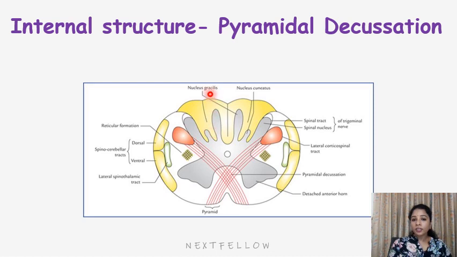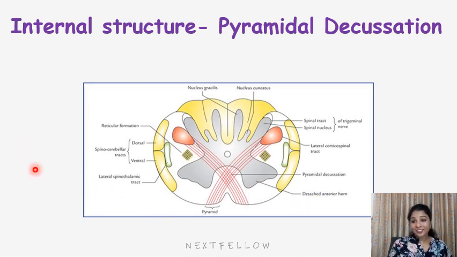And posteriorly this is the nucleus gracilis and laterally nucleus cuneatus, lateral to it the spinal nucleus of the trigeminal nerve. This one is the tractus gracilis, tractus cuneatus, and then the spinal tract of the trigeminal nerve. So these are the nuclei which are the sensory part, the posterior sensory column. And we can see laterally the spinocerebellar tracts, which are descending tracts.